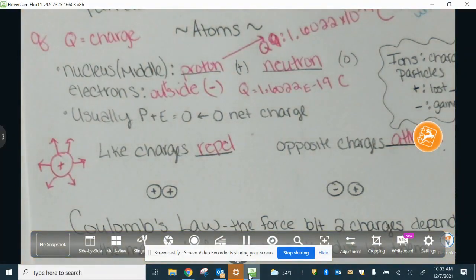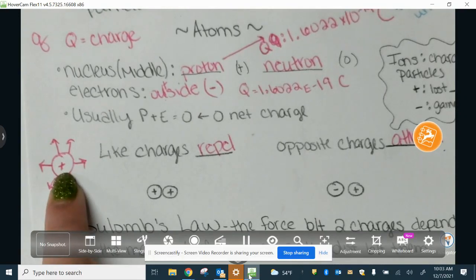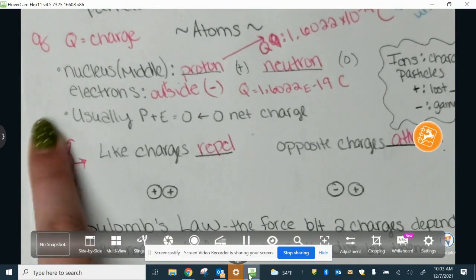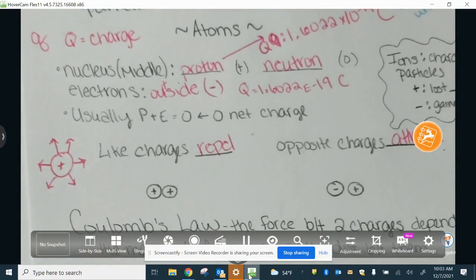So all the arrows are pushing out. Draw it. So again, if you're positive, which I showed with a plus sign, all the charges are pushing out. If you're negative, they're opposite. So all of that force and all of that energy is going to be going in.